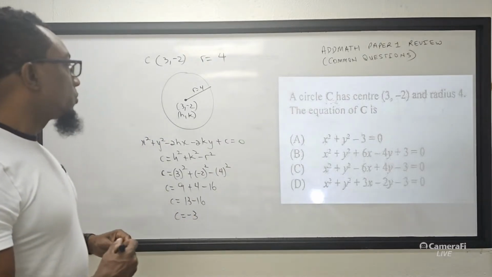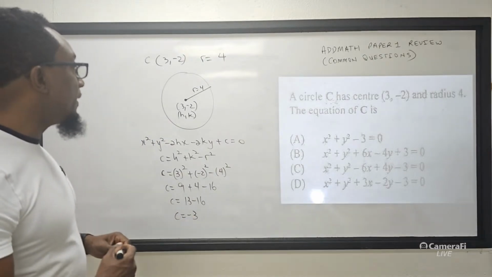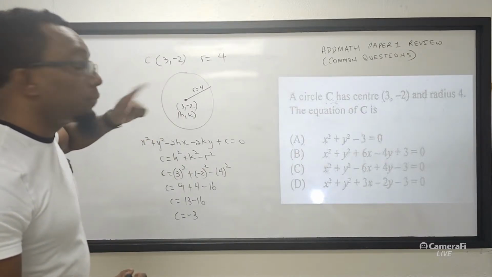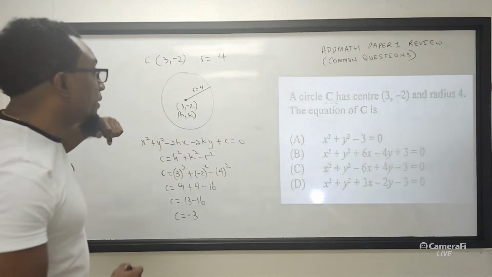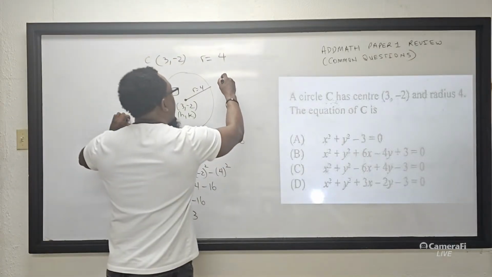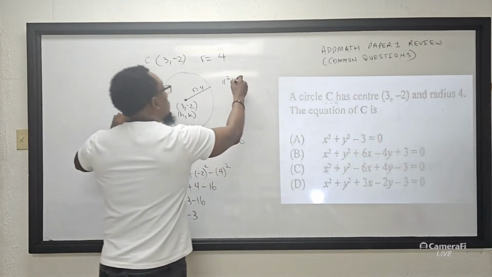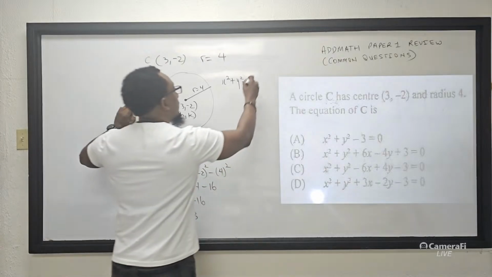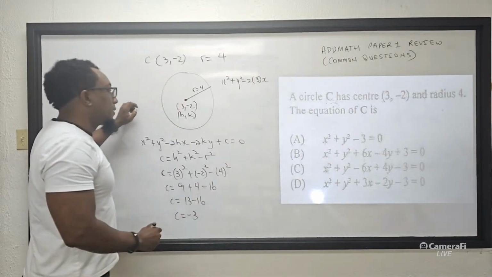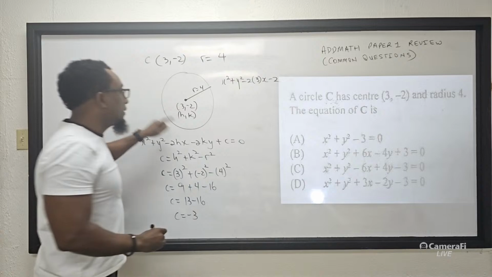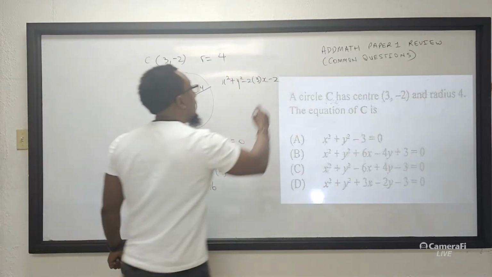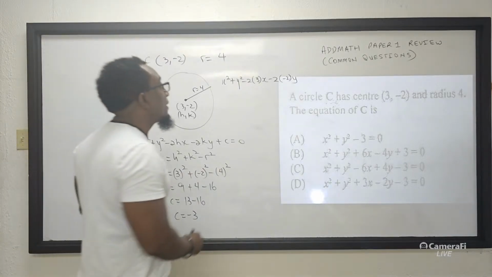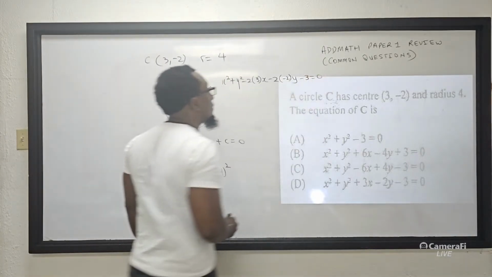Good? So now that I know what c is, let me substitute for h and k into my general equation. So this will be x squared plus y squared, subtract 2, I'm replacing h here with 3, times x, subtract 2, I'm replacing k with -2, times y, and I'm replacing c with -3 is equal to 0.